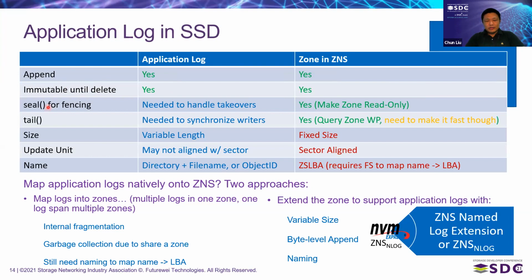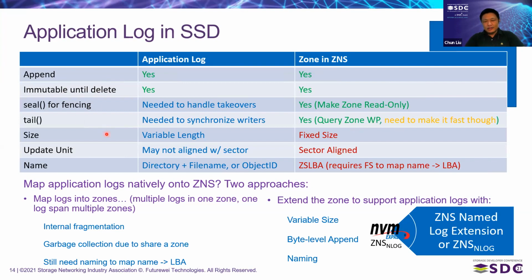For the seal ability, which is required for handling takeovers, ZNS already has this read-only state, ZSRO. And to check the tail, which is required for synchronizing writers, we can query each zone's current write pointer.